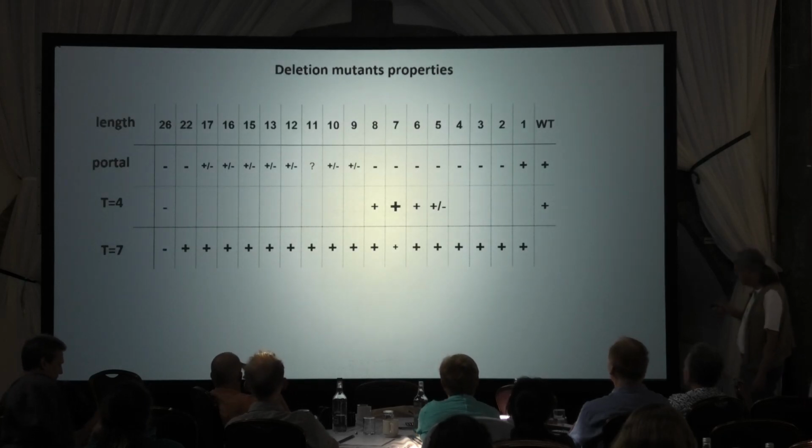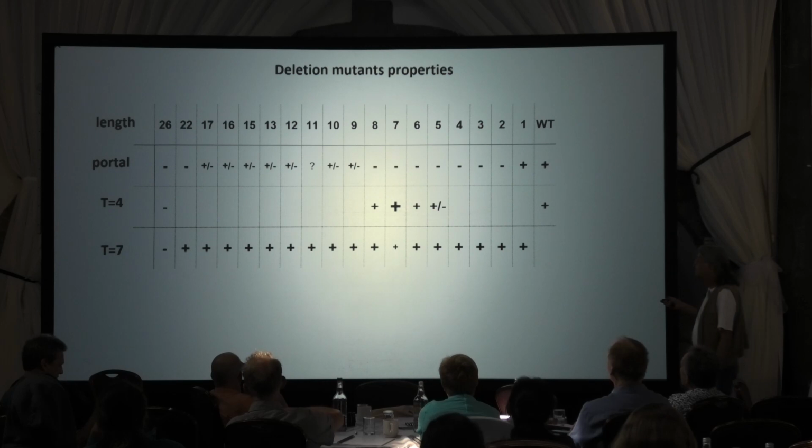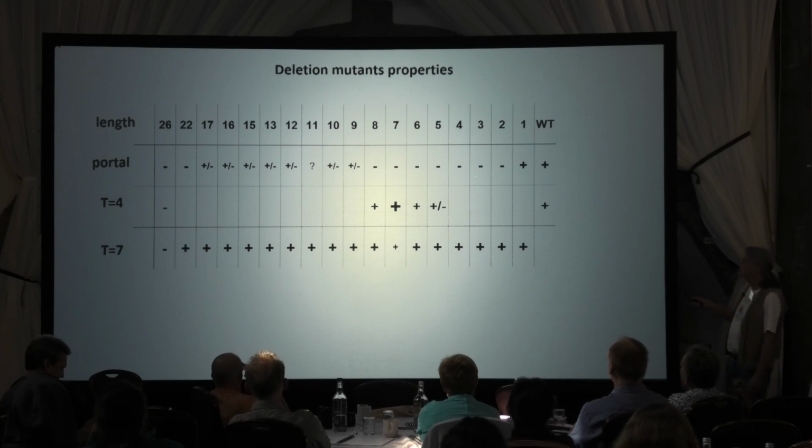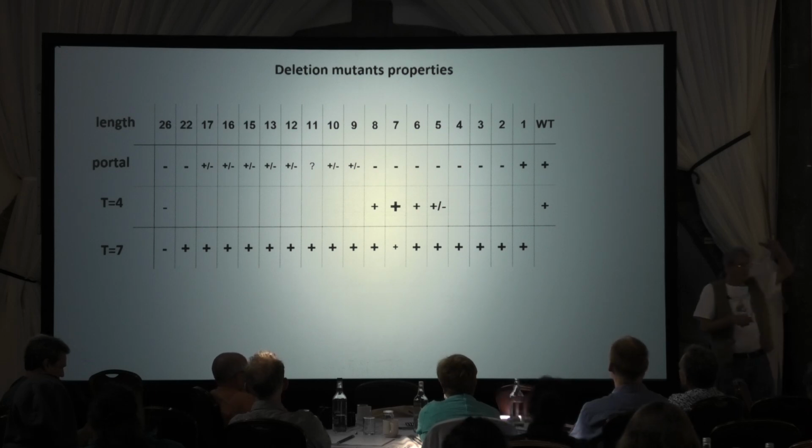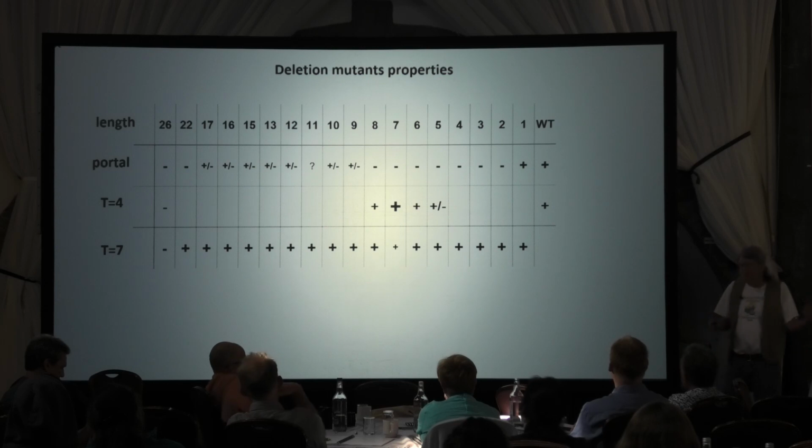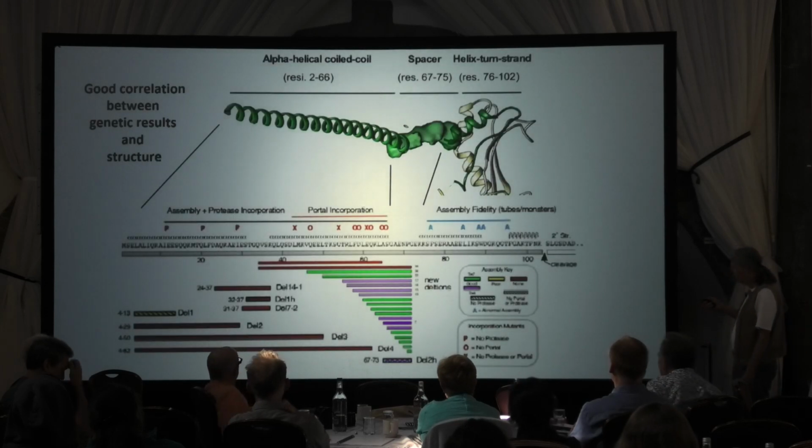And so this is sort of a summary that portal was incorporated if you deleted one amino acid, but if you deleted any more than one up to somewhere around 10, there was no portal incorporation. At larger deletions, you started to see a hint that portal was incorporated a little bit.